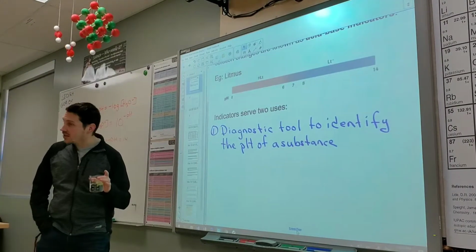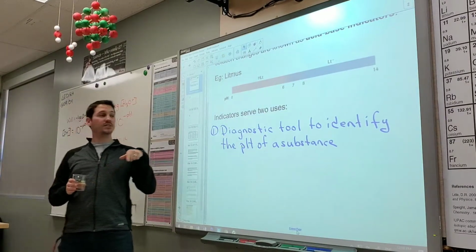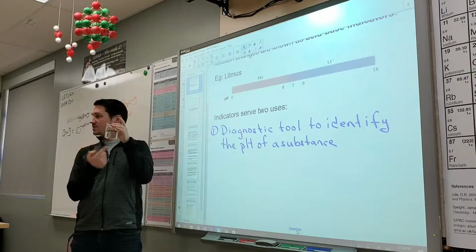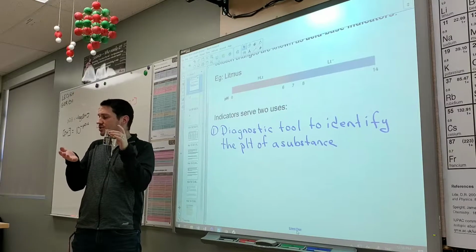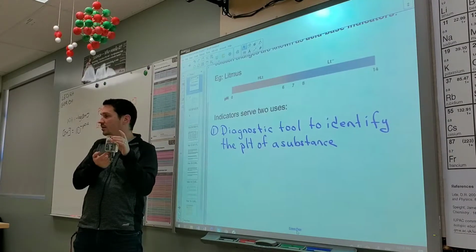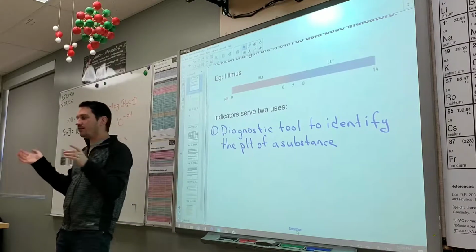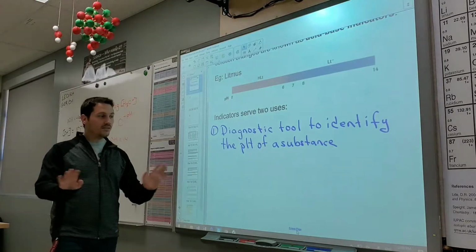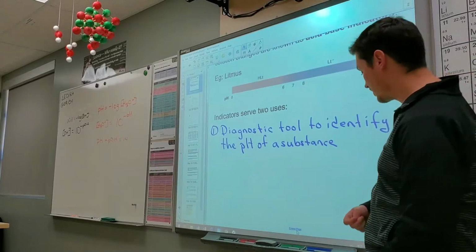If I put litmus paper into here and it turned the litmus paper red, could you narrow down the pH of this unknown substance? Yeah. What pH are you certain it could be if litmus paper was red? Anything less than 7. 6, 6.5, 5, 4, 3, 2, 1, 0, -1. You know what I mean? Any of those values are valid, so it's a diagnostic tool to identify the pH of that substance.